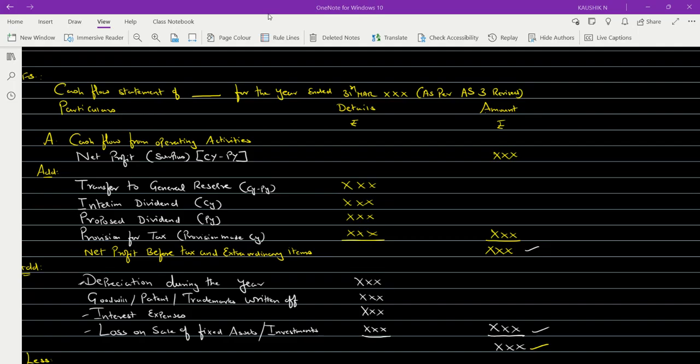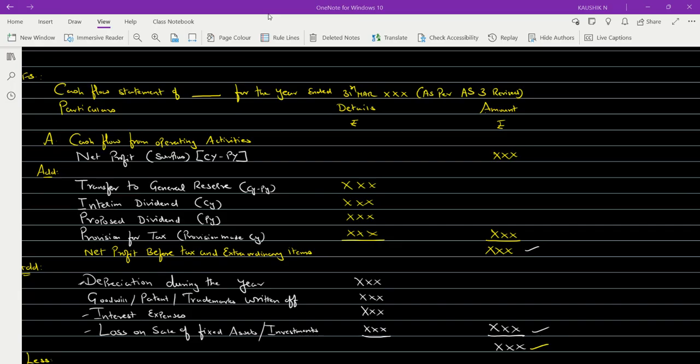Okay, so here we are done with our cash flow from operating activities. Now moving on to the second one, section B. Operating activities got over. Section B will be investing activity.